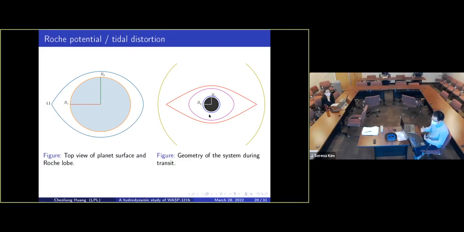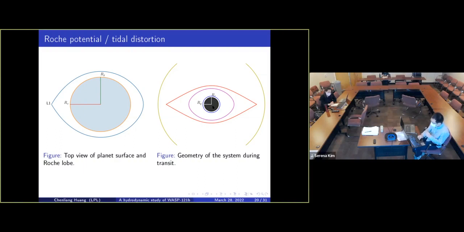Because of this distortion, I'll call the direction toward the star X, the orbital direction Y, and toward the pole Z. The Y direction is actually about 2.5% longer than the Z direction. So when we observe the transit, even in the optical, we see a roughly elliptical shape.